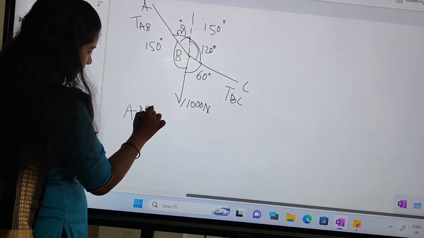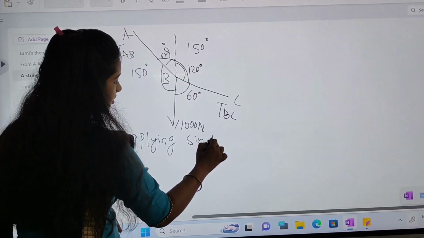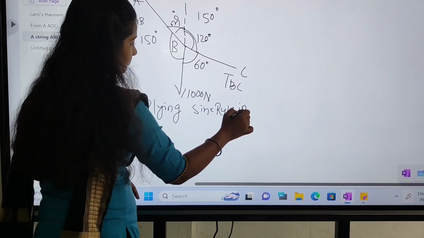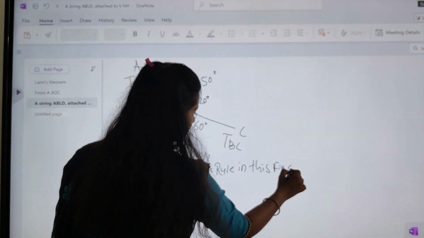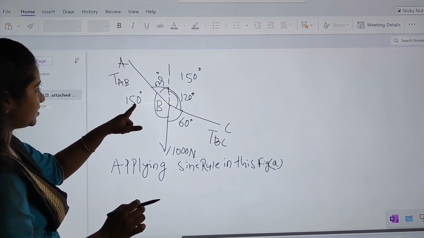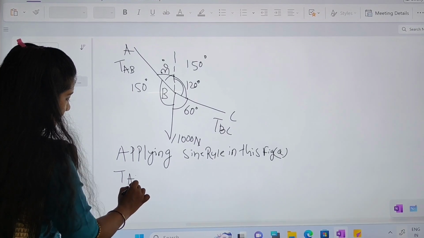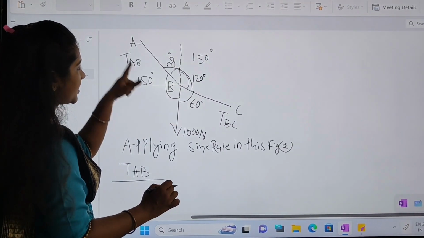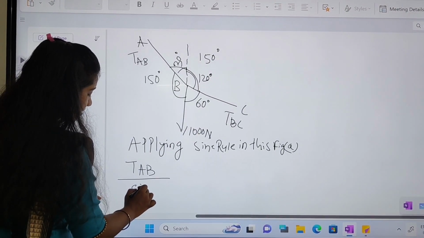Applying the sine rule in this figure. TAB, this side is TAB, is proportional to this angle. This angle is 60, so we write down sine 60.